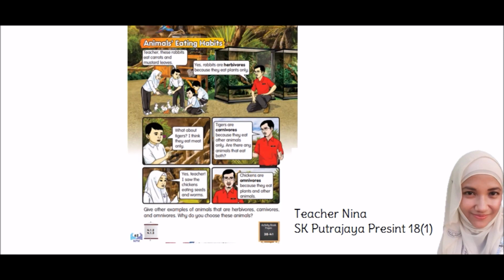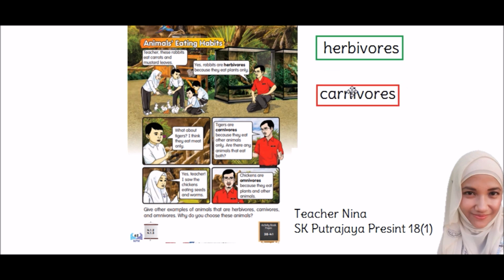Animals' eating habits. There are specific terms that we can use to say about the animals' eating habits. What are they? The first one is herbivores. The second term is carnivores.